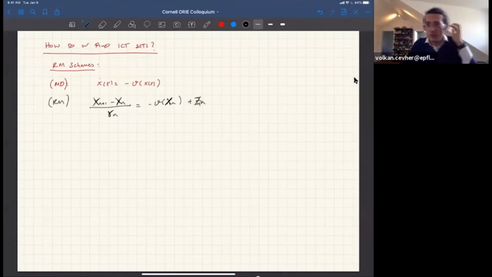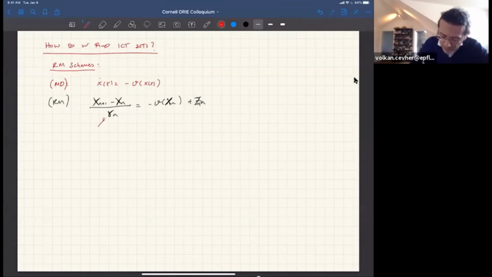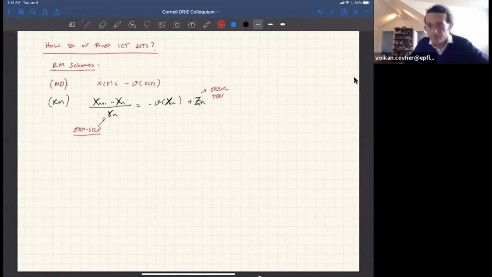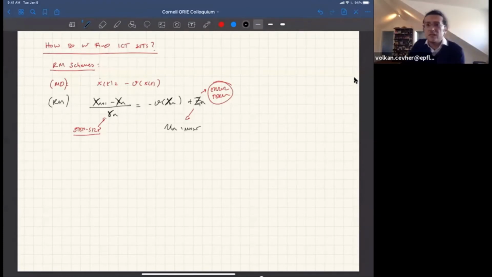Just to give you the notation, this will be the step size. And this will be our error term. All right. Now, what I'm going to do is decompose the error term into two terms. One will be the noise term. This will be zero mean given the filtration.